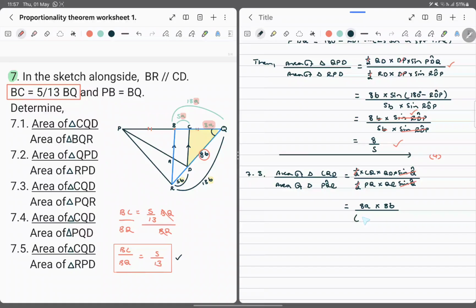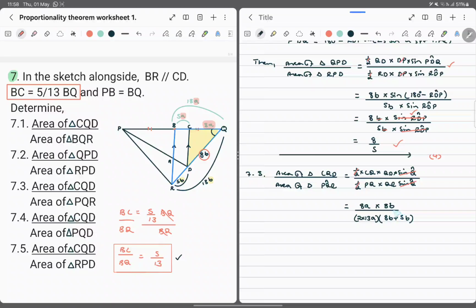PQ, we need to show it as a calculation. So this is essentially 13A plus 13A. Of course, one can easily say 2 times 13A because we knew that that is a midpoint. So let's make it much easier. So this is 2 times 13A into QR. QR is a bit different. It's going to be 8B plus 5B.